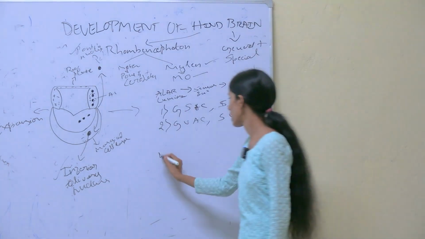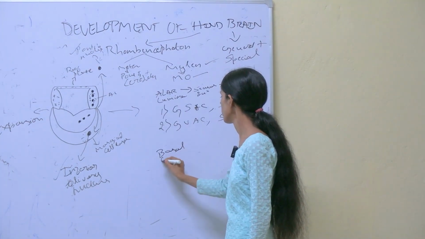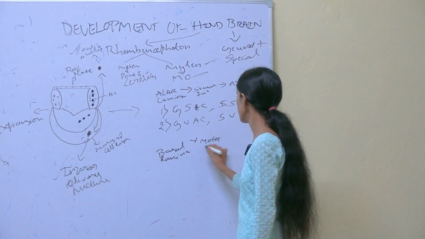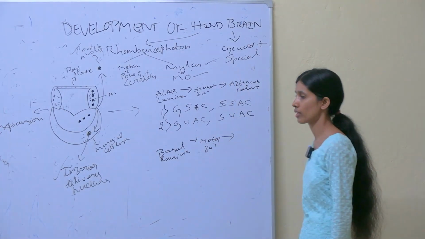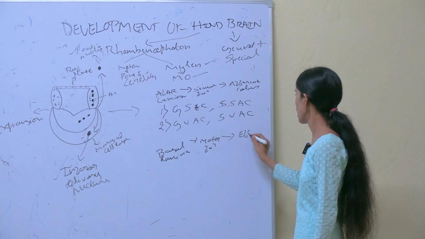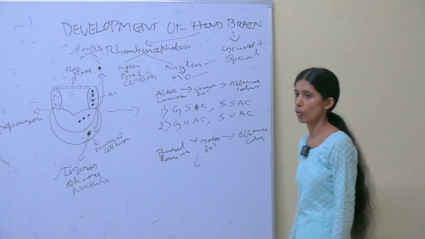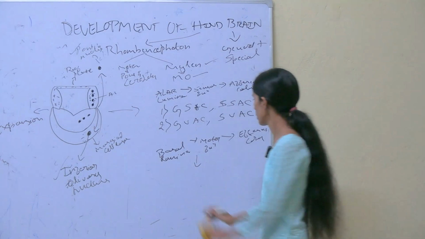Okay, next we have basal lamina. Basal lamina means motor in function, and we name the columns here as efferent columns. But here we can see only 3 columns, okay.